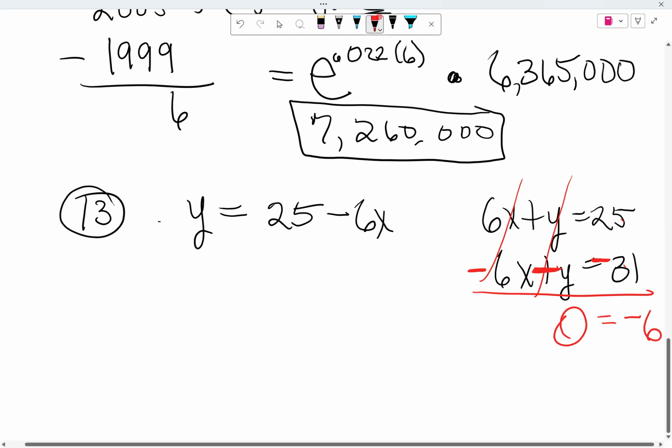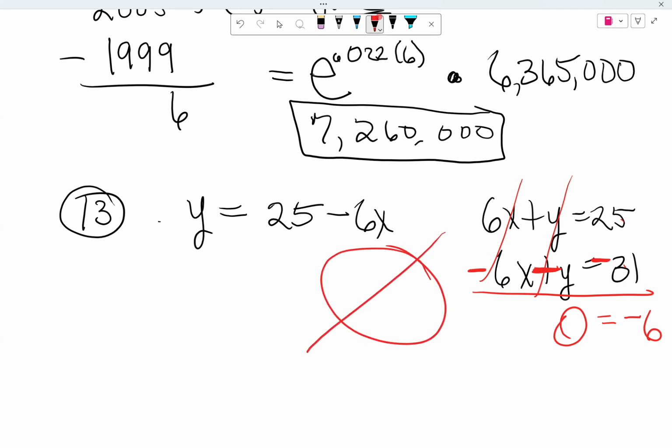Is that logically possible? No way. This is a big old null set. That is a no solution. This means that these are parallel lines. So if you're looking at the system, this is actually parallel lines.